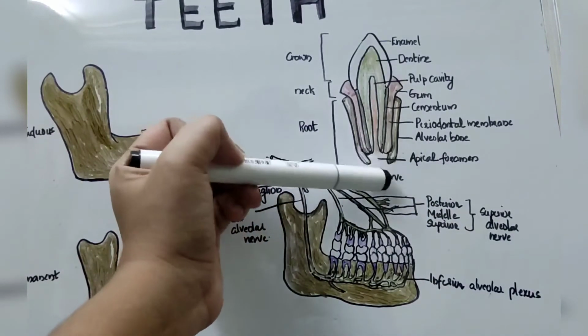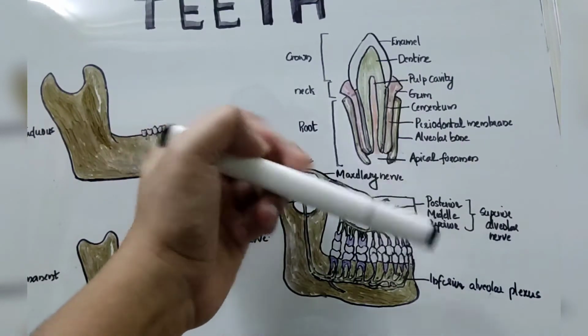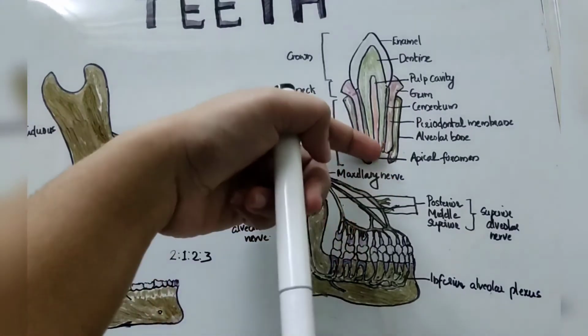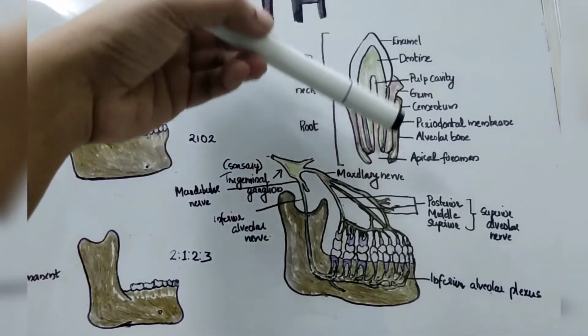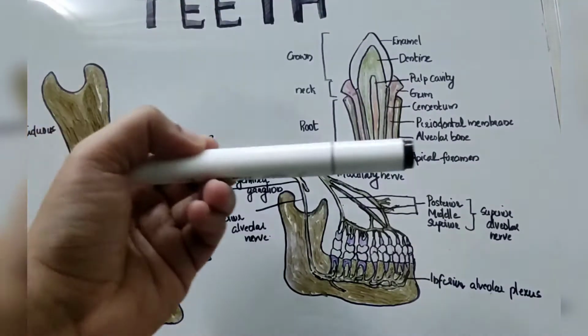The blood vessels, nerves, etc. enter the pulp through the apical foramen. This is the apical foramen, through which the blood vessels and lymphatics enter the pulp cavity.